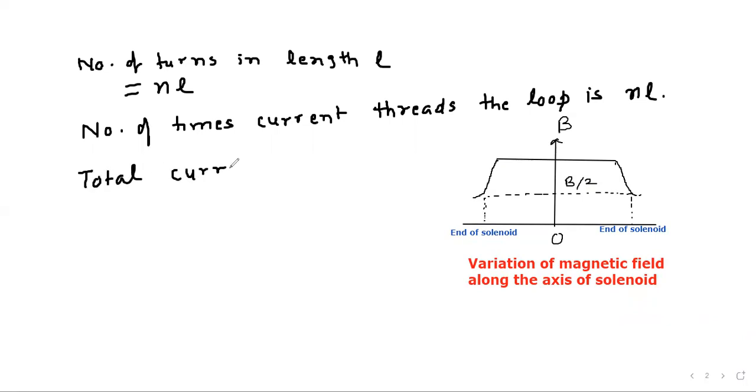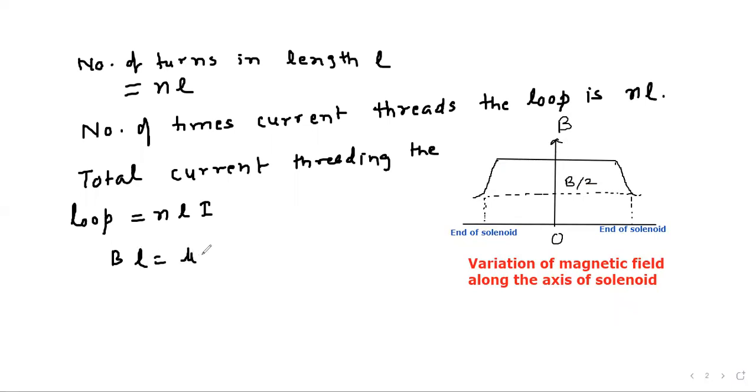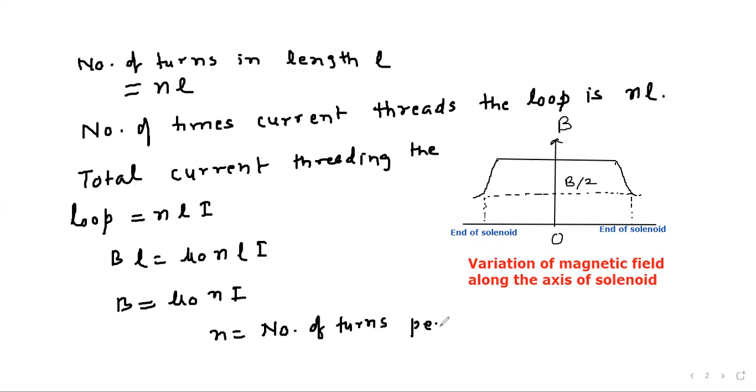Total current threading the loop equals NL times I. So we can say BL equals mu naught NLI, which implies B equals mu naught N I. Here N is the number of turns per unit length.